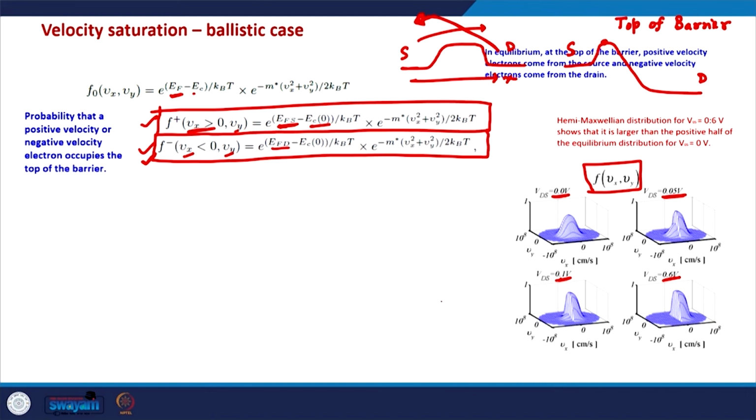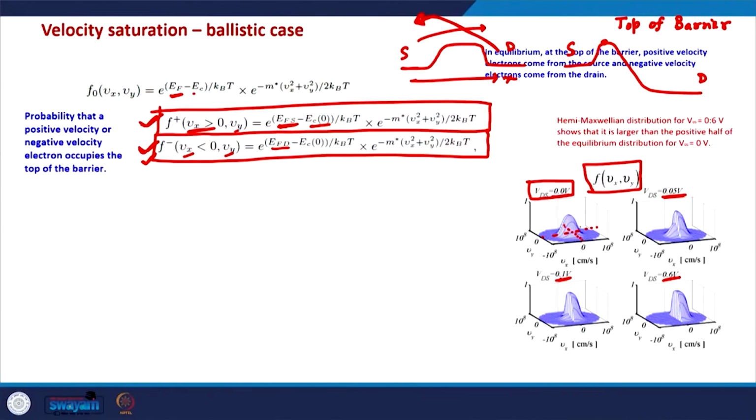So when there is no drain voltage, VDS is 0 volts, in this distribution function F(Vx, Vy), both positive components and negative components are equal, and as you can see in this 3D plot, this is exactly a symmetric distribution of velocities, and so the probability of electrons to have positive velocity and the probability of electrons to have negative velocity is the same.